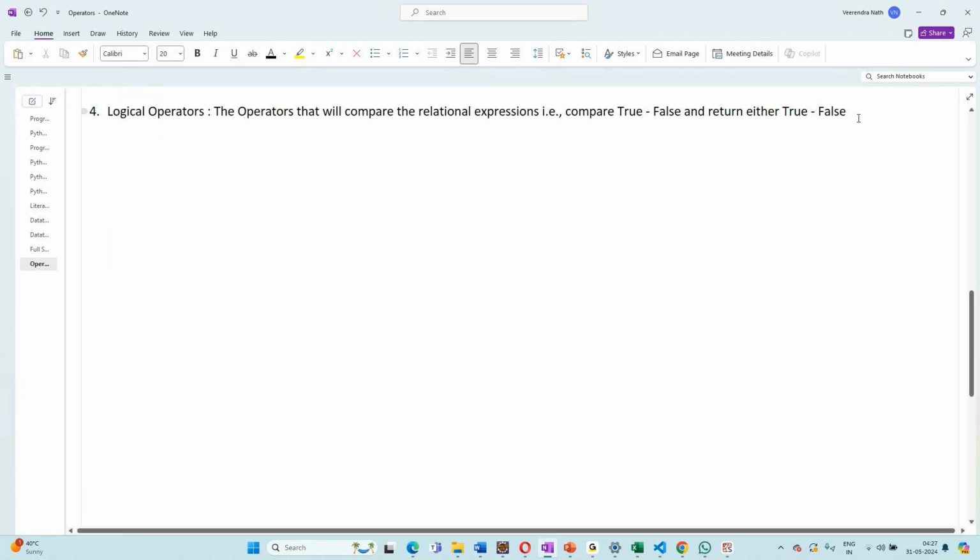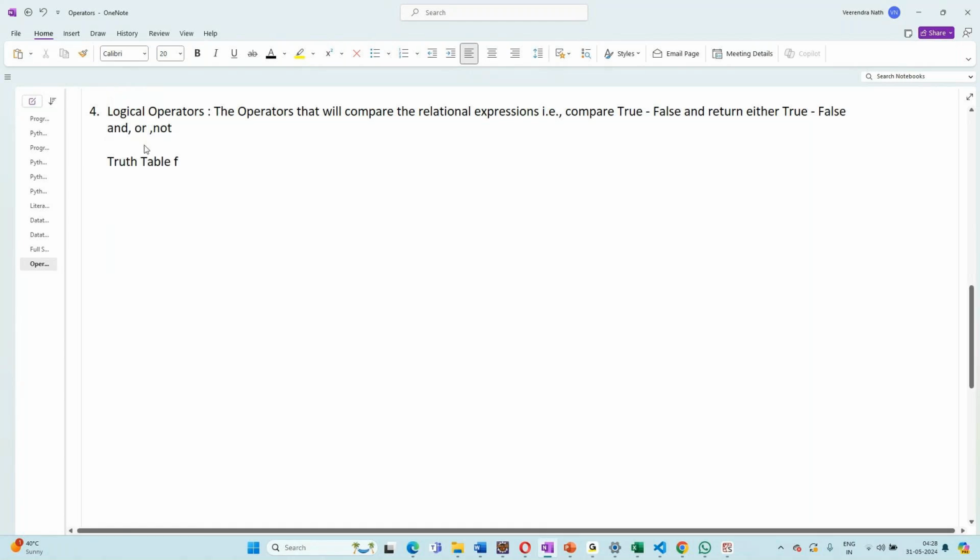So here, what are the operators? And, or, not are the operations on the logical operators. Before going into the example, we would like to have a truth table.